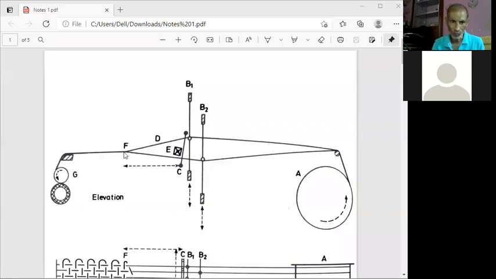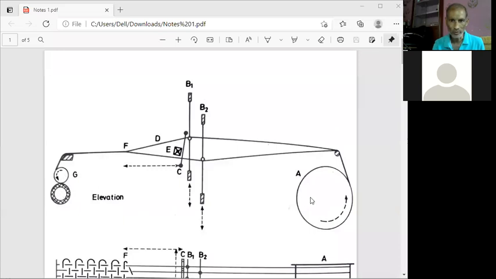Whatever fabric is formed here is guided with the help of the front rest. Same as here, the back rest is there in roller form. Here we have the front rest in plate form. It may also be roller form or plate form. From the front rest, it is guided with the help of the take-up mechanism. It is wound onto the cloth roller, which is indicated here.